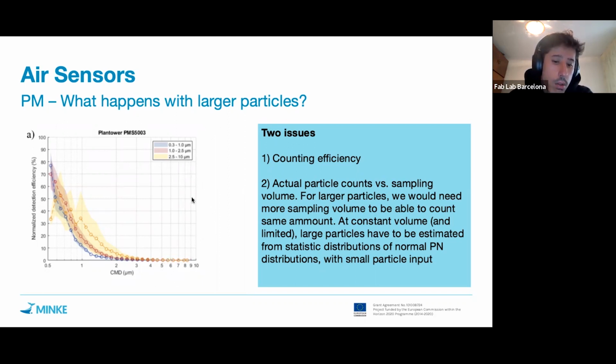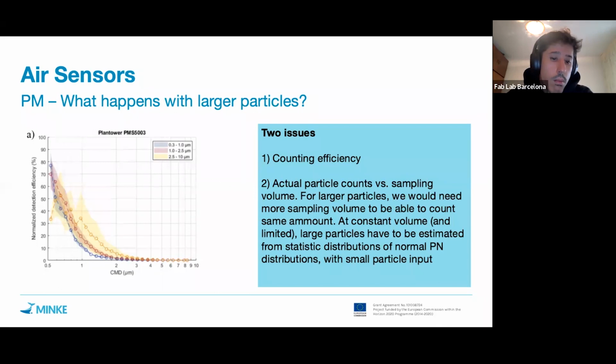in a certain volume that we are sampling, which is very small, is very low. So in general, there are more small particles in a certain volume than there are larger particles.